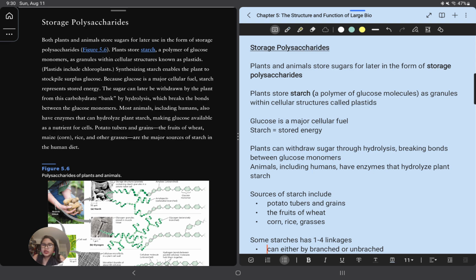Most animals, including humans, also have enzymes that can hydrolyze plant starch, making glucose available as a nutrient for cells. Potato tubers and grains, the fruits of wheat, maize or corn, rice, and other grasses are the major sources of starch in the human diet.